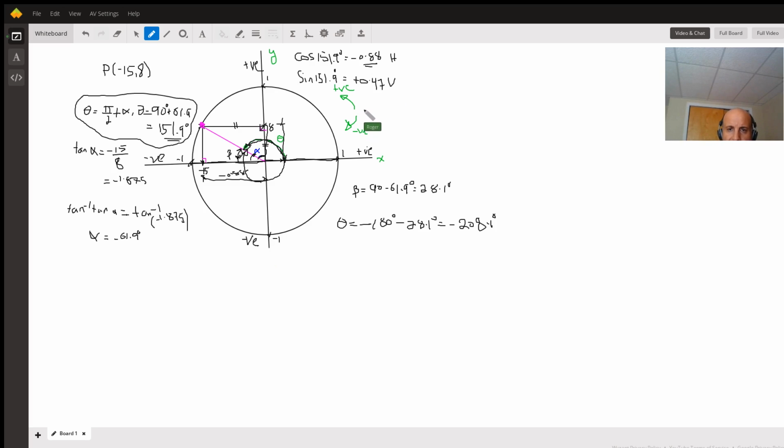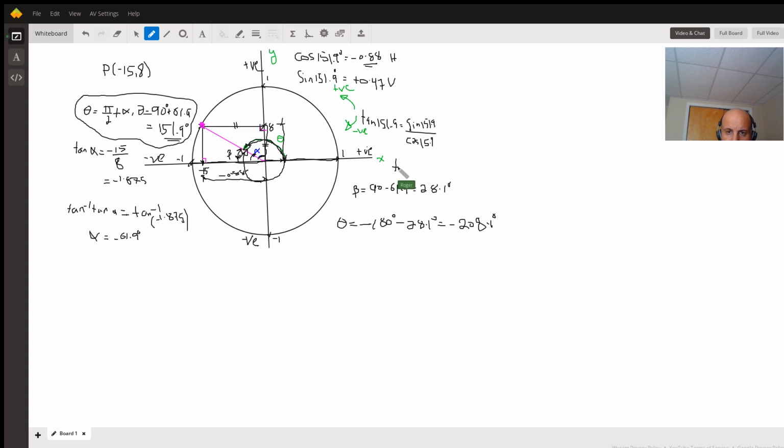Now, what's tangent of 151.9? Well, tangent theta is sine theta over cosine theta. So it's sine 151.9 over cosine 151.9.